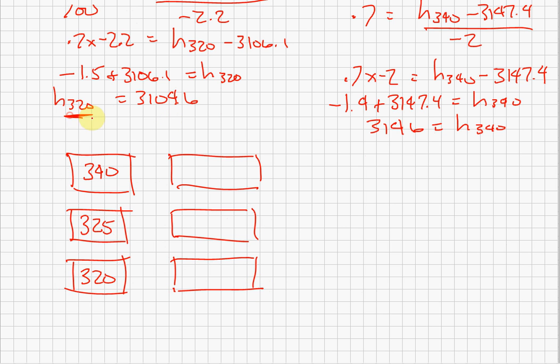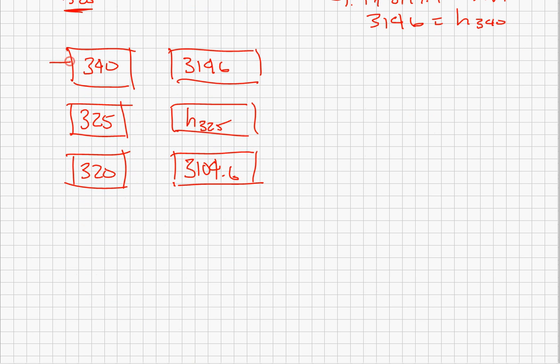And so that's why I use these little numbers here to make sure I get the right one in the right place. So it's 3104.6, it's 3146.0, and this is going to be, let's just call this H at 325. And so now I'm going to build my ratio equations once again.